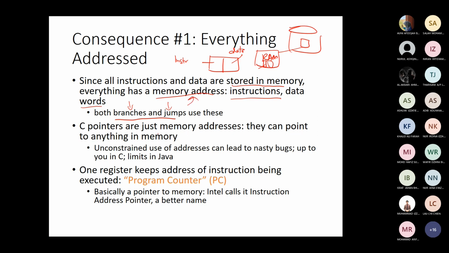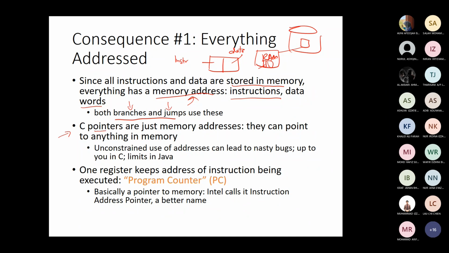I'm not sure if you have learned about C pointers, but this chapter is actually at the end of the course, maybe week 12 or 13. But I'll just raise it on this topic.